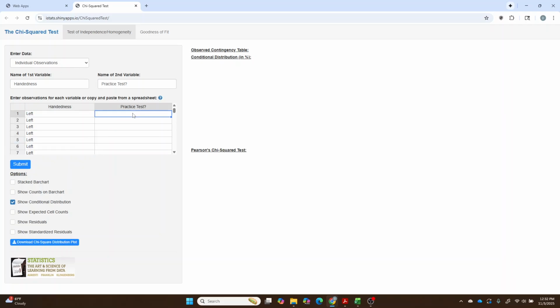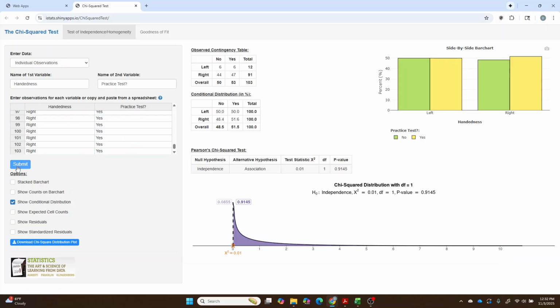And paste. And then hit submit. And another very large p-value. Once again, we're going to say, no, there doesn't seem to be much of a relationship between these two variables. Okay.